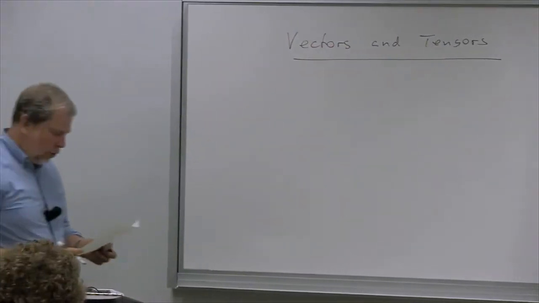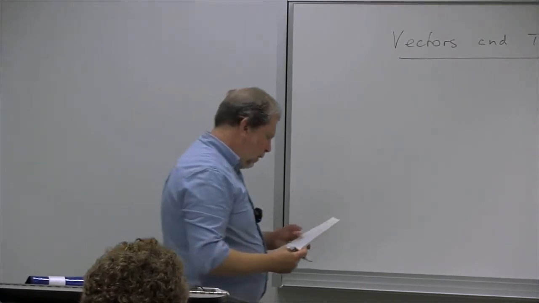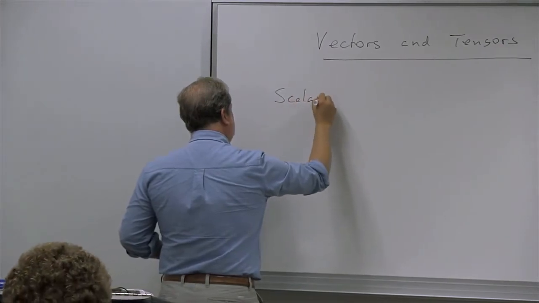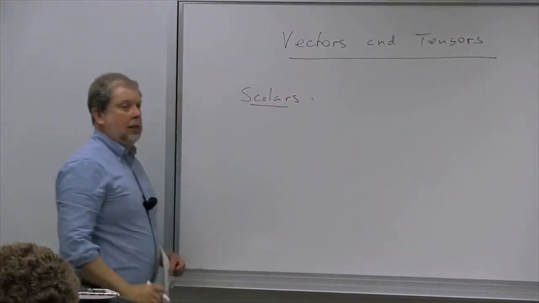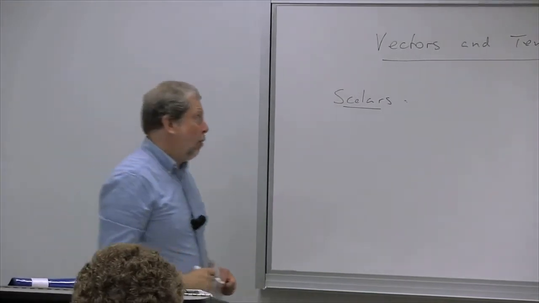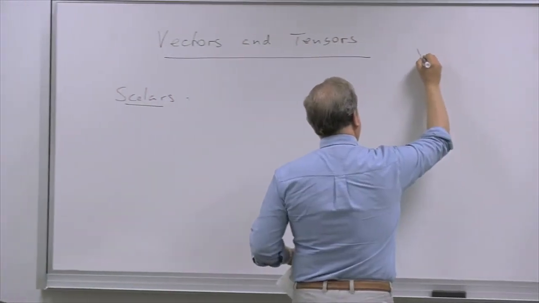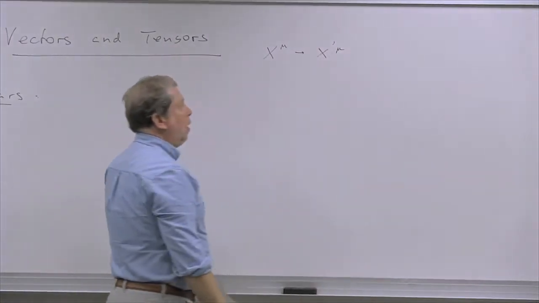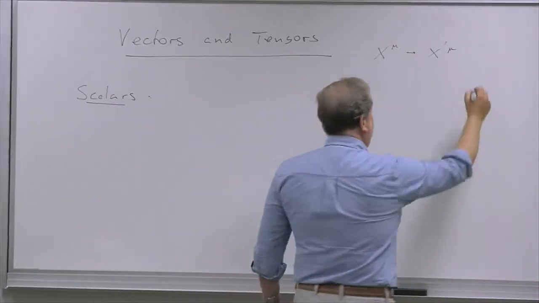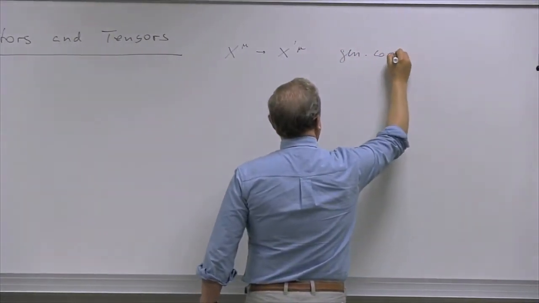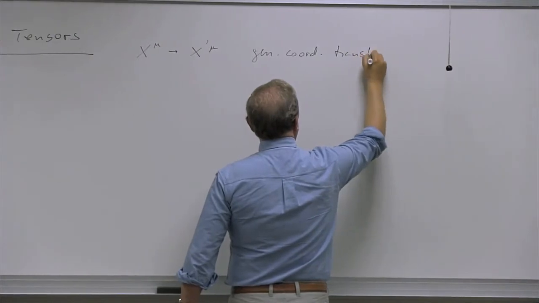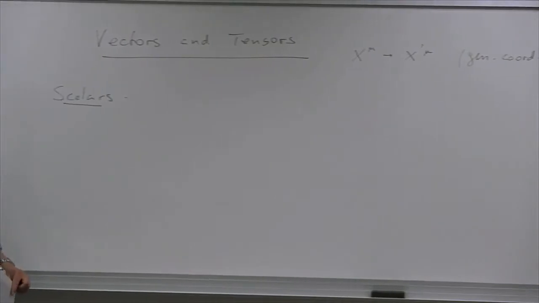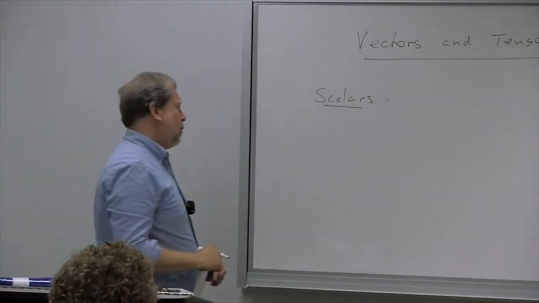So the first thing we're going to introduce, even before that, we're going to have scalars, right? That is quantities that actually do not change at all when you do a coordinate transformation. So we're going to be interested in coordinate changes where x mu goes into x prime mu, general coordinate transformations, and understand how different objects transform under this x goes to x prime.